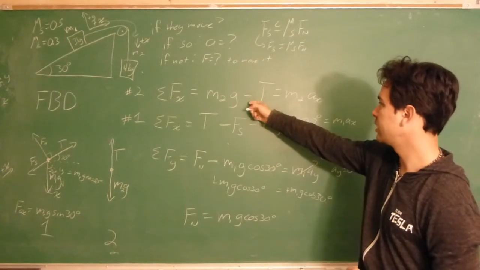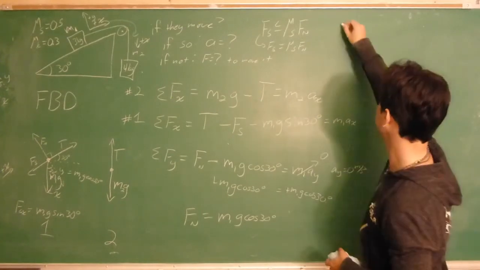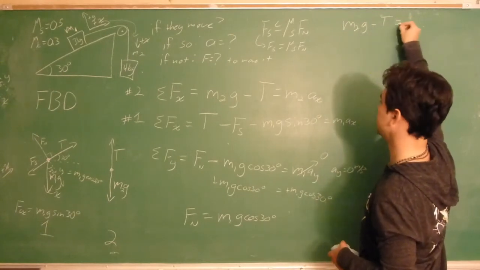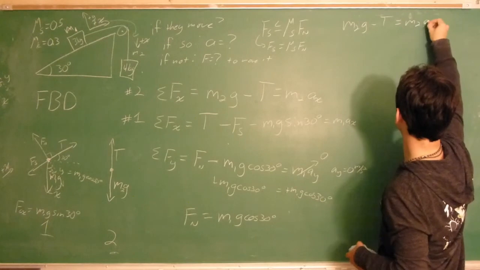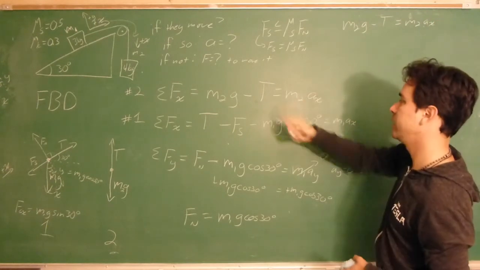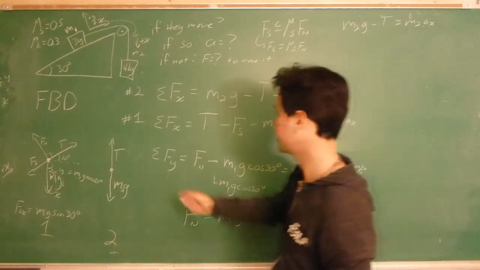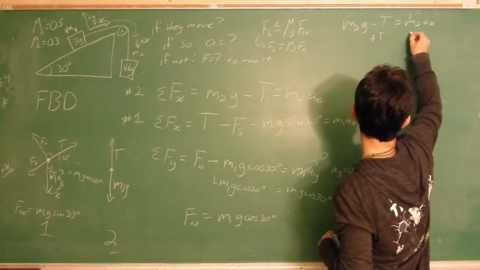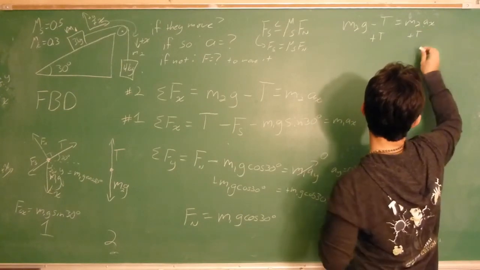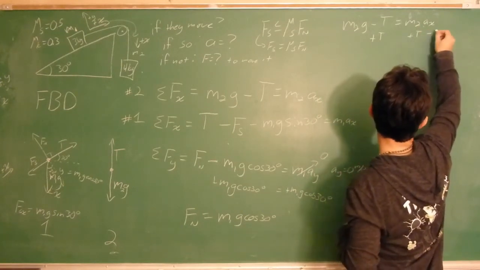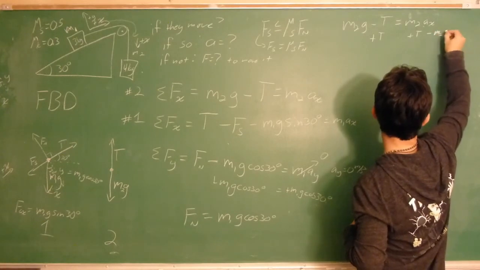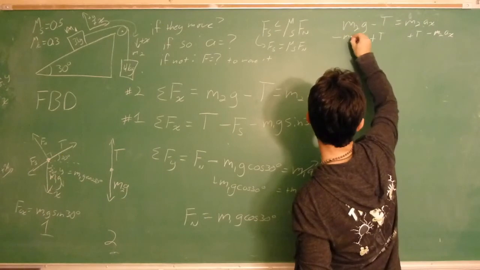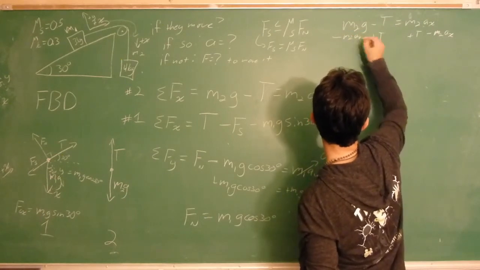So let's real quick take a look at this. I'm going to take mass 2 times gravity minus the tension equals mass 2 times acceleration in the x. That's my other balance of forces in the x direction for my 4 kilogram block. I'm going to add my tension to both sides. And then I'm going to subtract my mass 2 times acceleration in the x, because I want to get the tension off by itself.